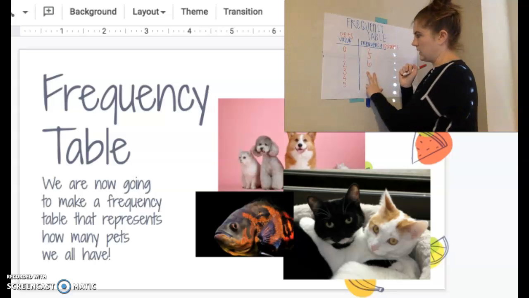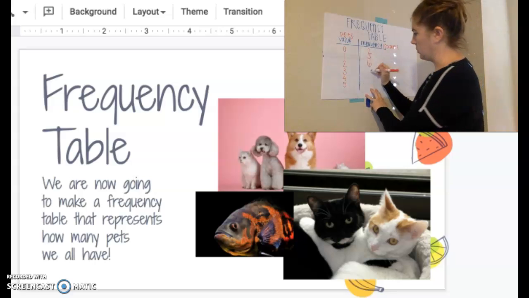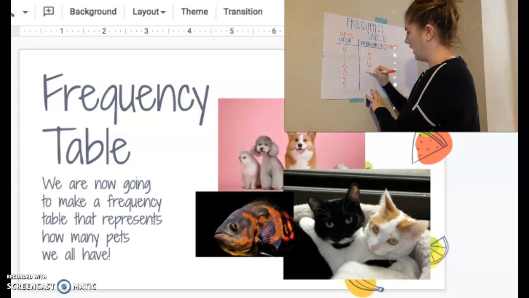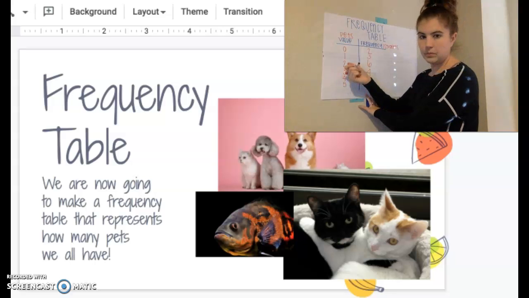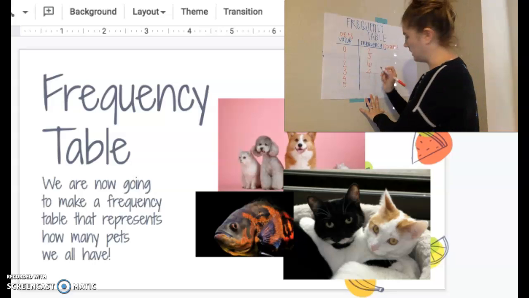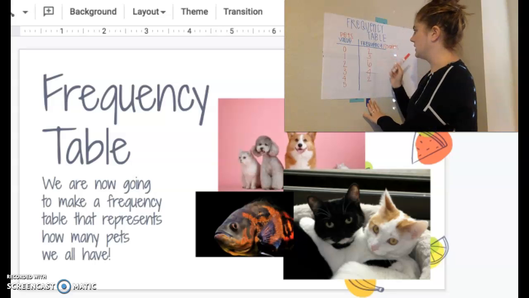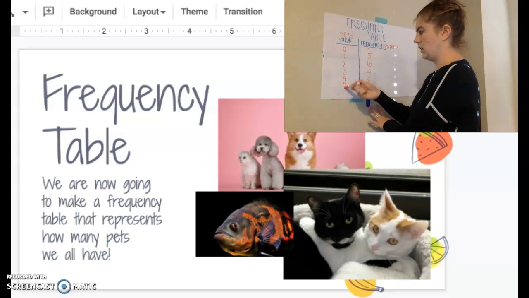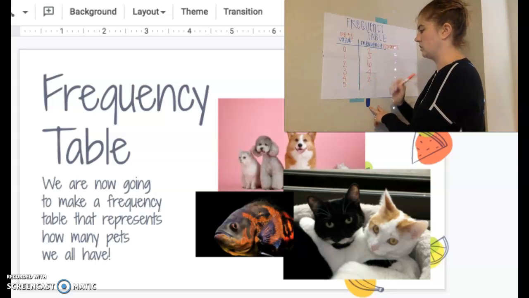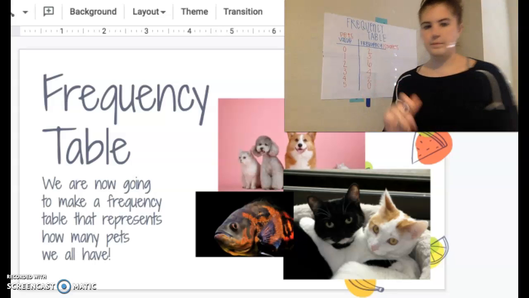Then the next is how many students had 3 pets, which was 4 students. The next is how many students had 4 pets, which was 2. Then in a frequency table, if a 5 was here and there were 0 students who had 5 pets, we could go ahead and write a 0 here.